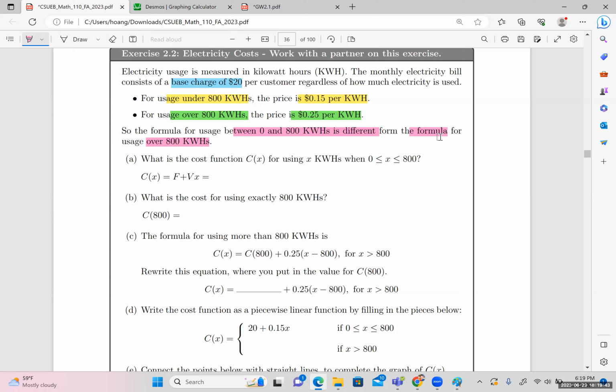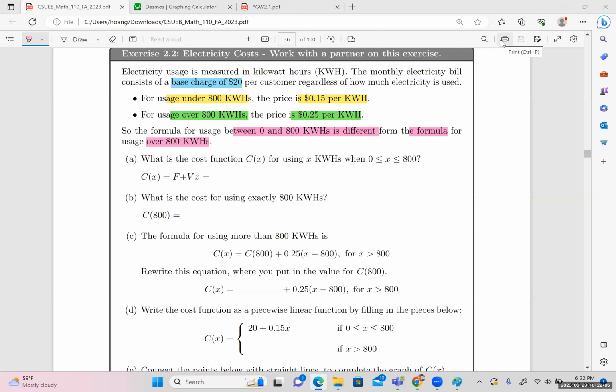So let's start with finding the cost function for using X kilowatts when we have X in between 0 and 800. So let's try it in 2 minutes and pause my video.